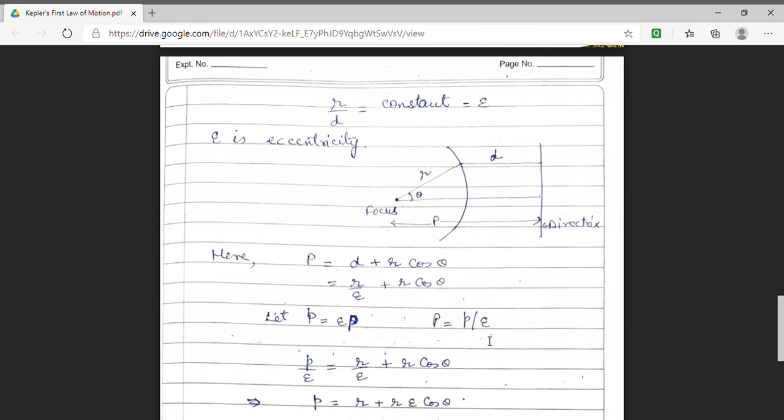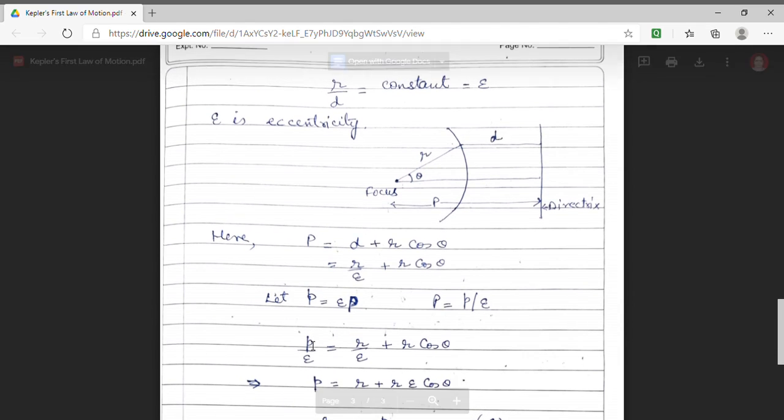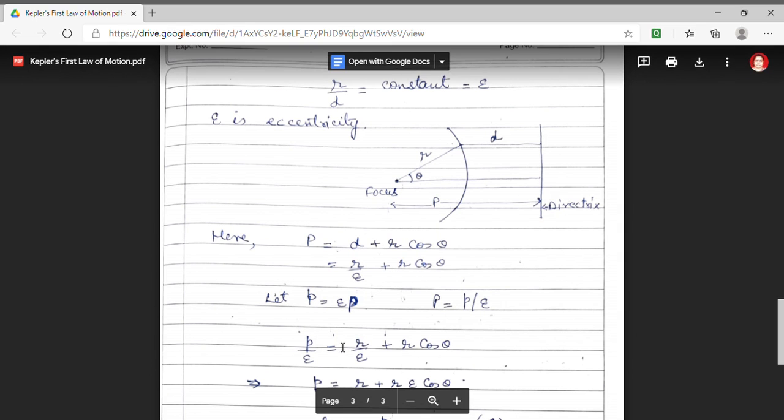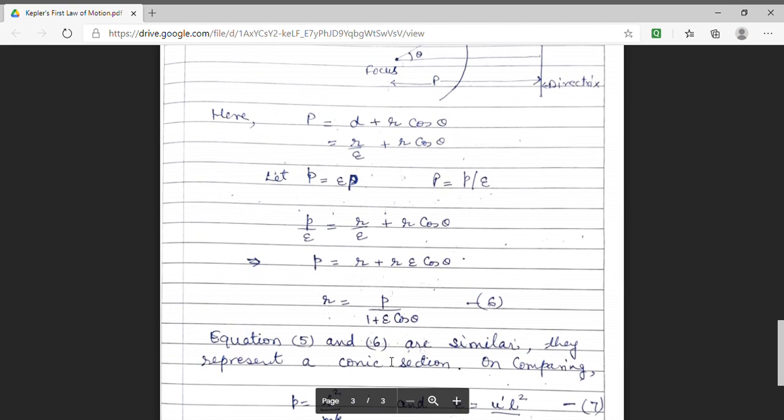Substituting this value, small p upon epsilon is equal to r upon epsilon plus r cos theta, so small p comes out to be r plus r epsilon cos theta. From here I can get the value of r as p upon 1 plus epsilon cos theta.